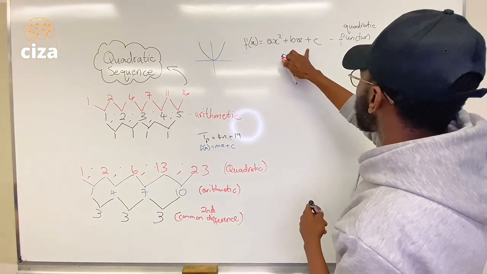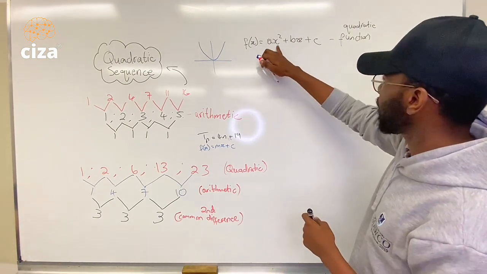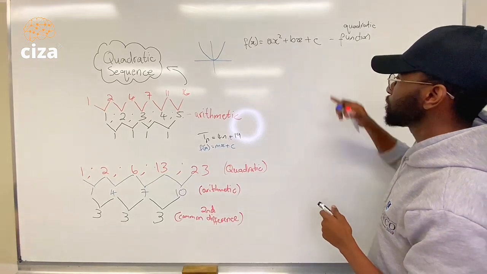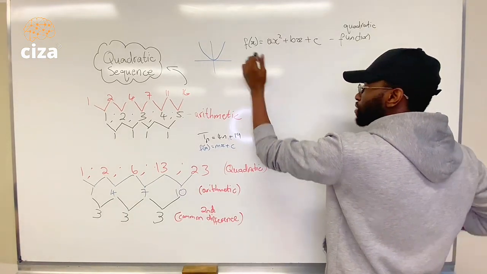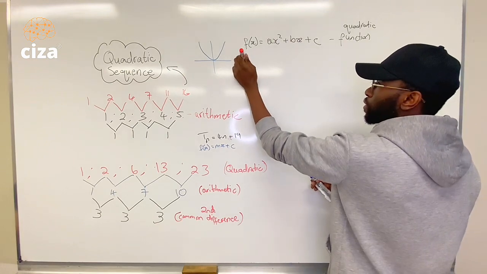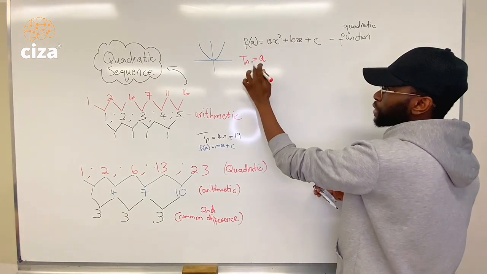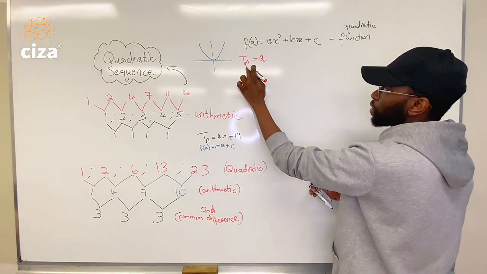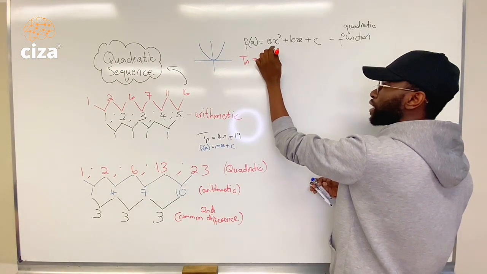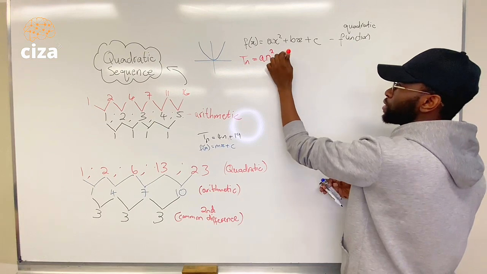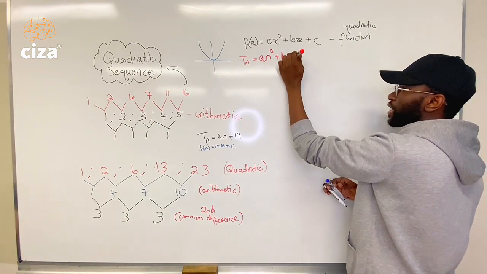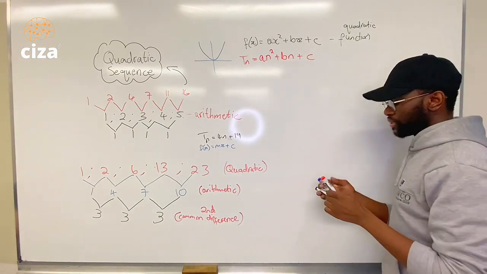The same way a quadratic function is given by ax squared plus bx plus c, our nth term is also given by an squared plus bn plus c. The position, our x, is now n.